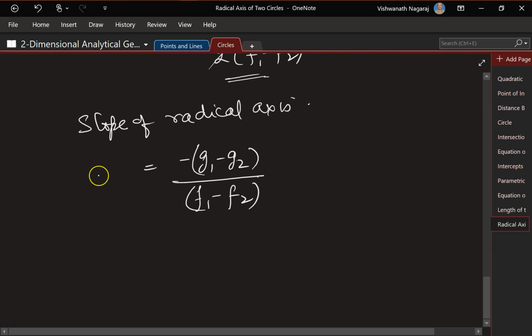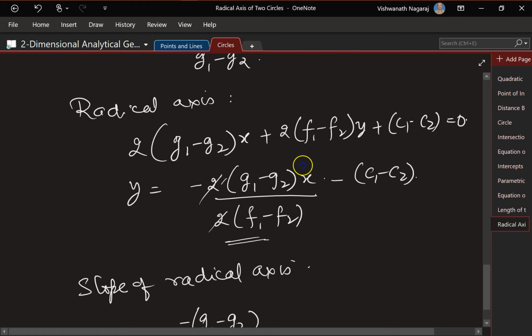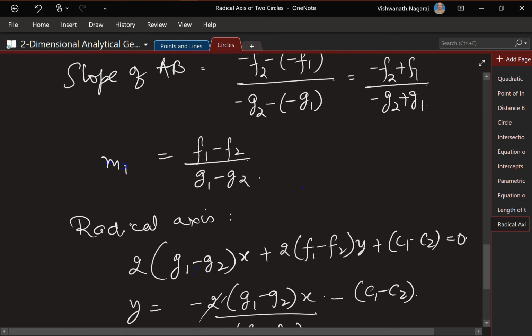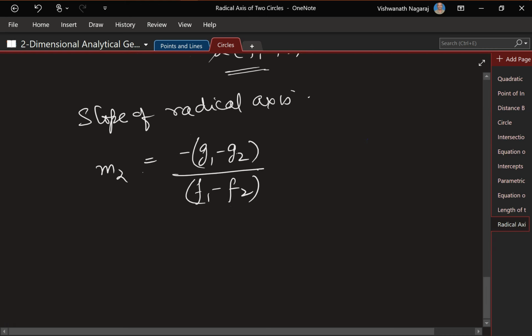Now let's say this is m2, and let us say this is m1. So we know when two lines are perpendicular to each other: when the product of their slopes is minus 1.